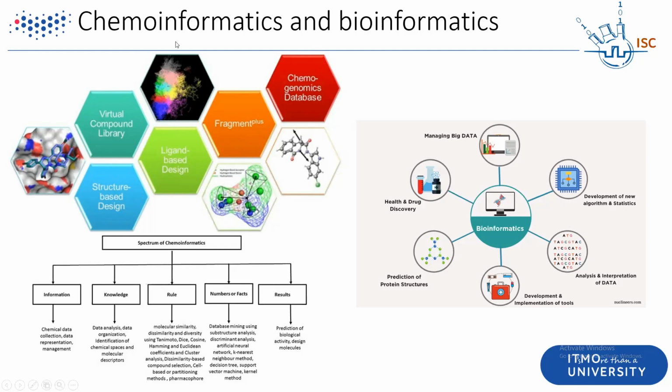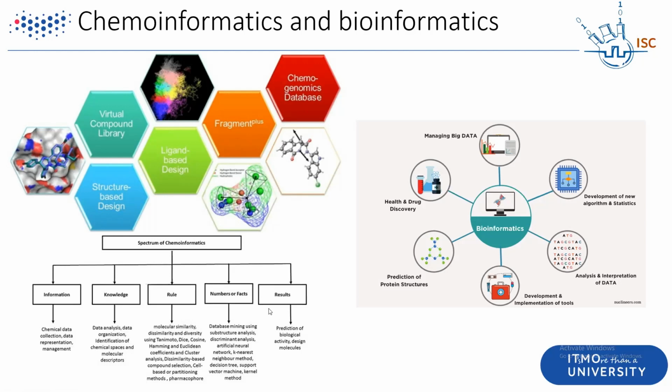And this is the chemical space, like the universe. It's more like the universe here. So the spectrum of chemoinformatics includes the information, knowledge, rules, number of facts, and the results.